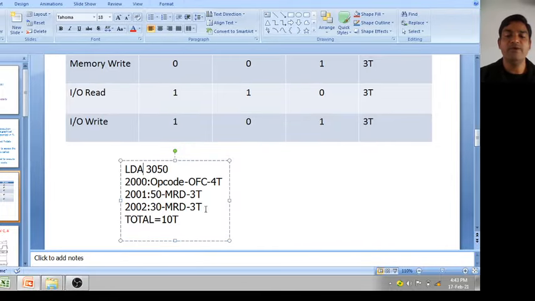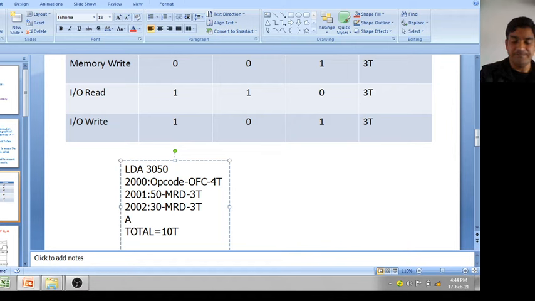So again memory read, 3T states. Now what is the function of this? Data is coming into A from memory 3050, from memory to accumulator.